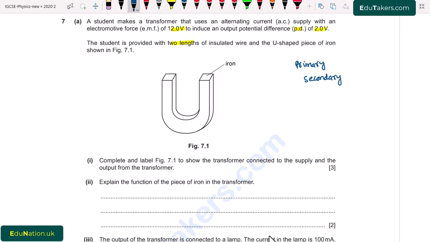And you see from the question that the input is 12 volt while the output is 2. Input is 12.0, it is greater than 2.0, which means that the primary potential difference is greater than the secondary potential difference and it's a step down transformer.